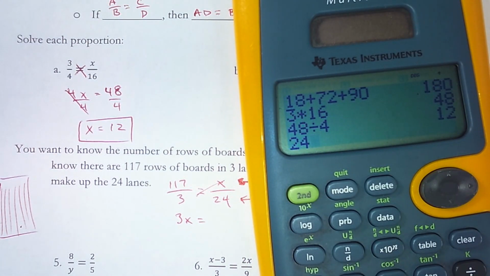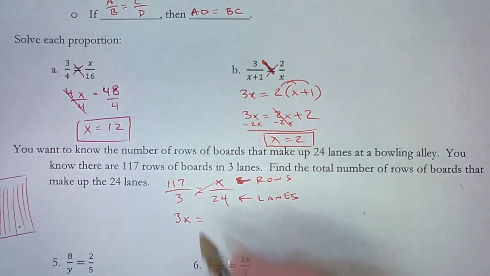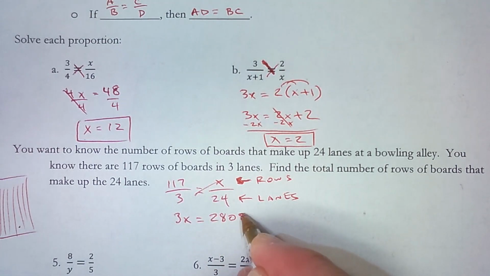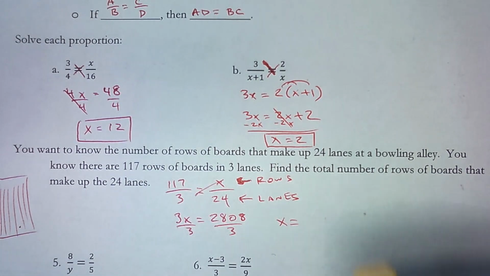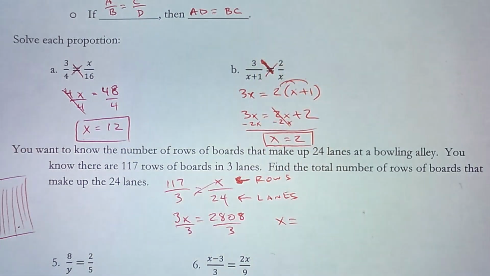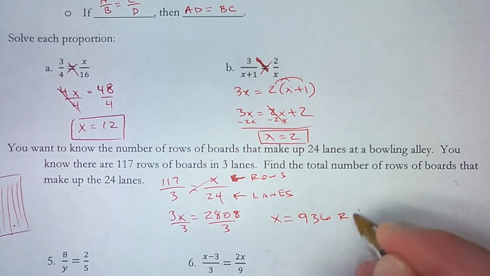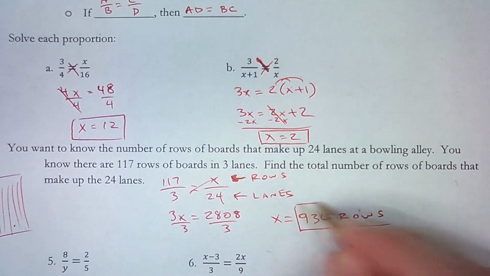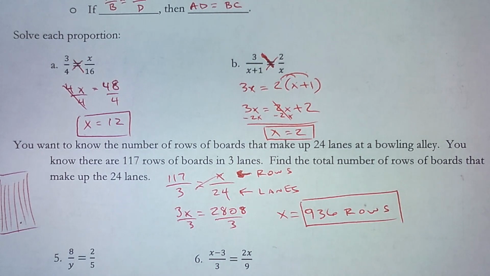I don't know that one off the top of my head. 24 times 117 is 2,808. If I divide by 3, I get 936. So it takes 936 rows of boards to make up the 24 lanes.